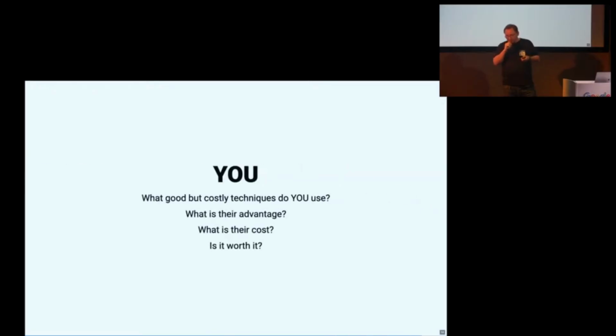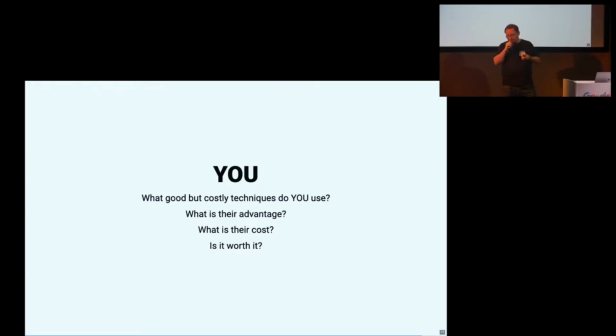And I would be interested if maybe there will be some time later for questions and conversations. What good but costly techniques do you use? For example, you know that it uses more RAM or more CPU cycles, it's slower, but for some reason it's better in your opinion. Maybe it's safer, maybe it's type safe, or maybe it's immutable.